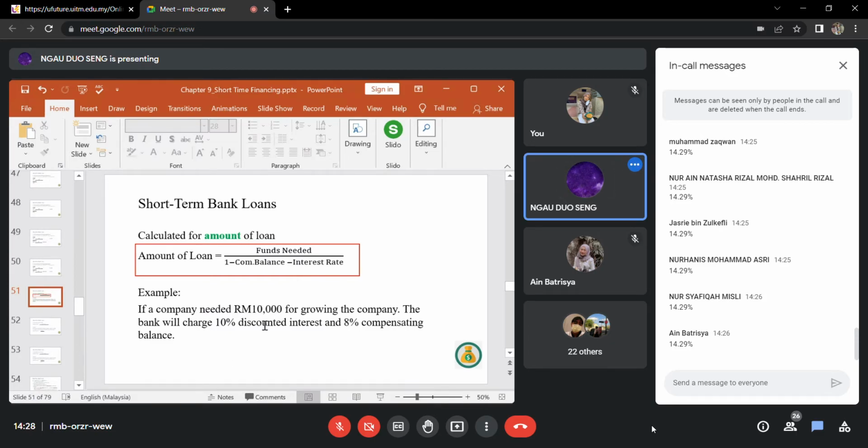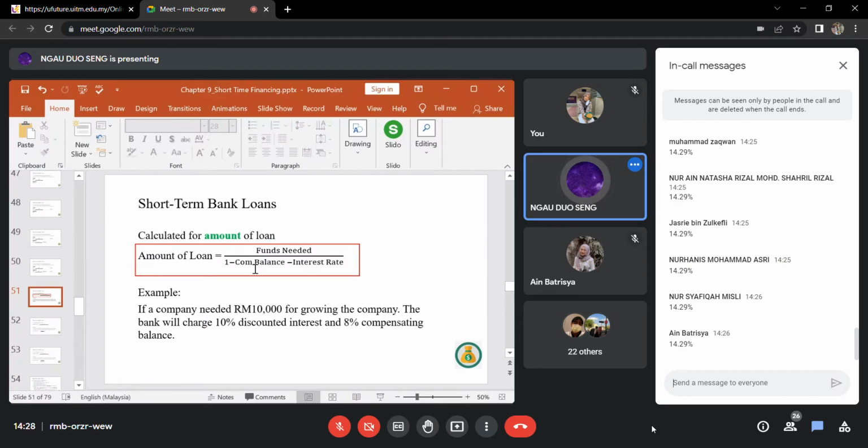So we want to know berapa kita kena pinjam, so that we get the fund, dana yang kita hendak. Sebab kalau kita borrow 10,000, actually kita tak dapat 10,000. Kenapa?